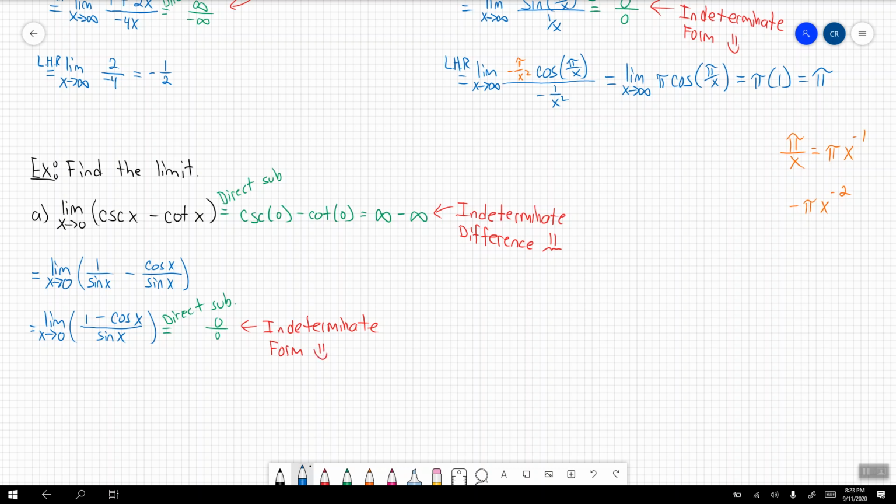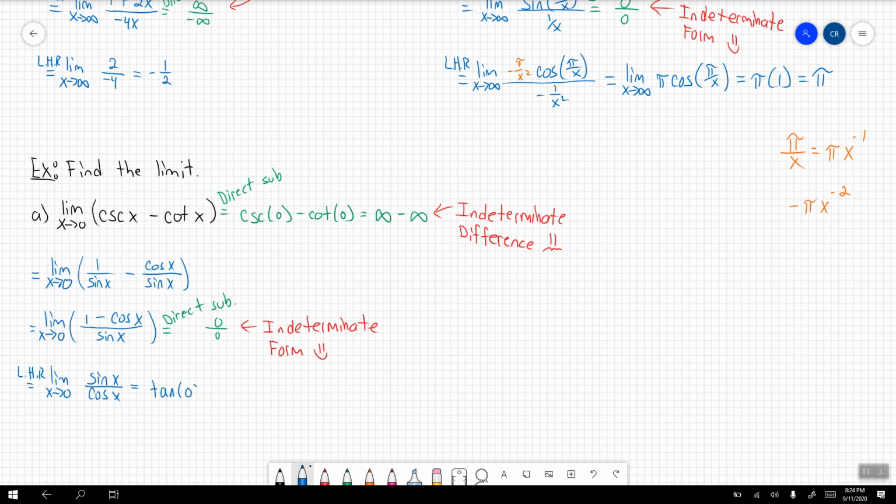This is the indeterminate form that we like. Therefore, we can apply L'Hopital's rule. Once we apply it, the derivative of the numerator will get us sine of x. The derivative of the denominator will get us cosine of x. And in doing so, we can now make the substitution, or we can just call that tangent.